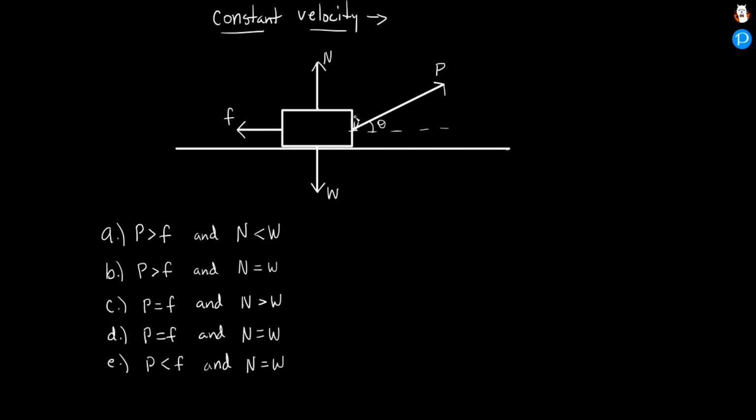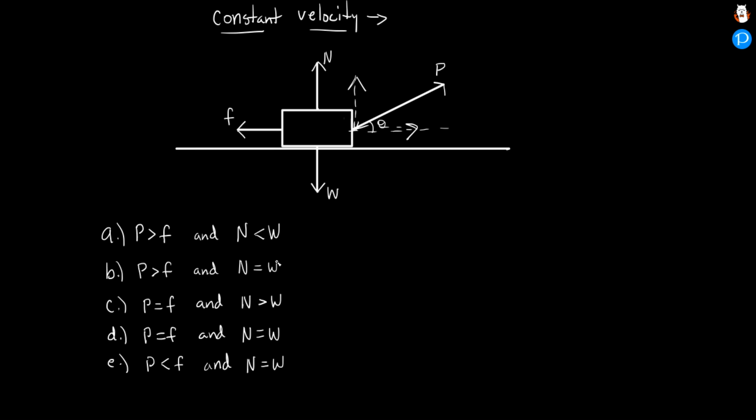It's acting upwards and to the right. So if this and this were equal, my net force would be upwards, because I'd have more force pulling upwards, and the box would be accelerating upwards.